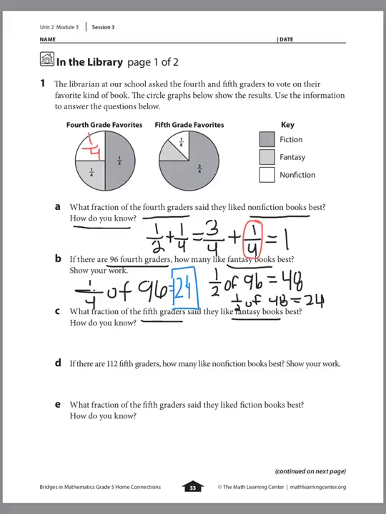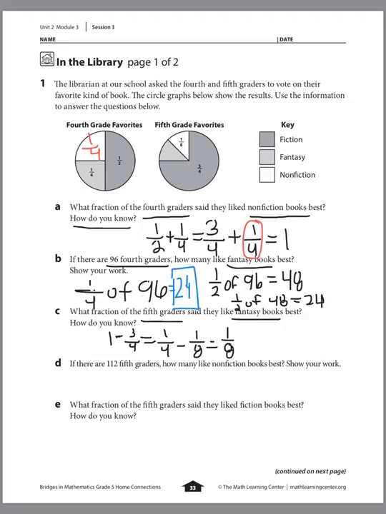And so similarly to A, I know that 1 minus 3/4 equals 1/4. And then I know 1/4 minus 1/8, a quarter minus an eighth, equals 1/8.